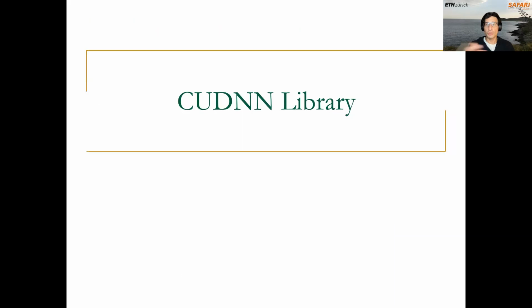So in order to finish with the lecture, I just want to introduce an important library that is used by basically all machine learning frameworks these days, and it's a library that makes intense use of optimization techniques like the ones we have introduced in this lecture.